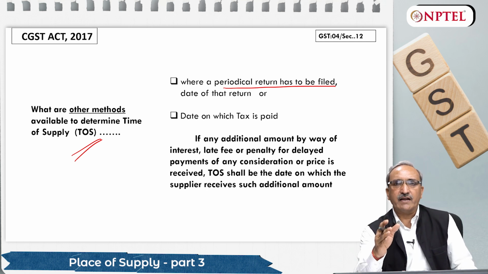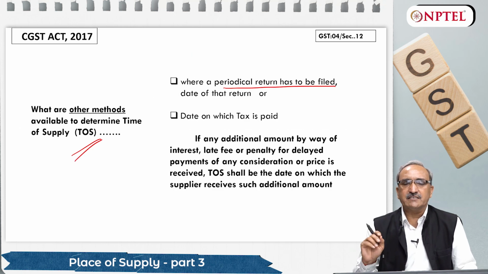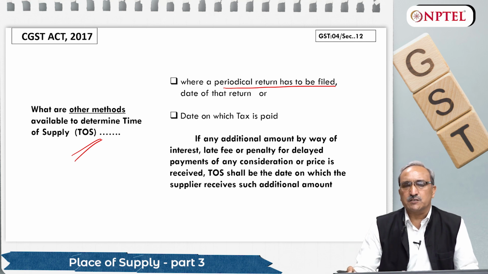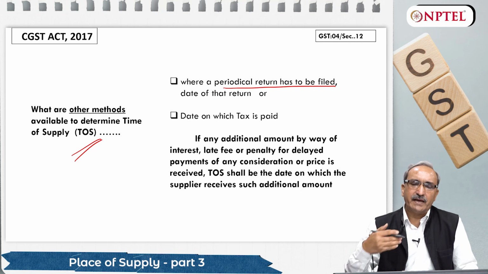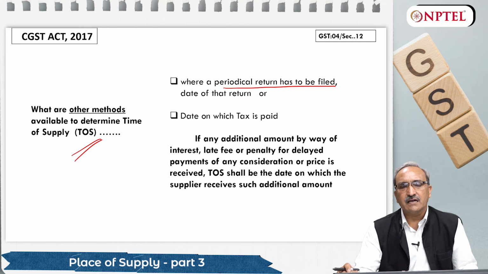So in GSTR 1, I will give detail of all my sales, all my invoices, party wise, region wise, state wise, HSN code wise to the GST portal, so that accordingly tax can be shifted to respective states. Means when I am making a sale, I will be having a sale interstate or a sale intrastate.